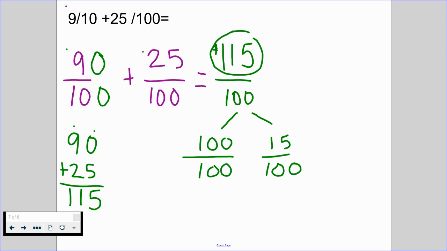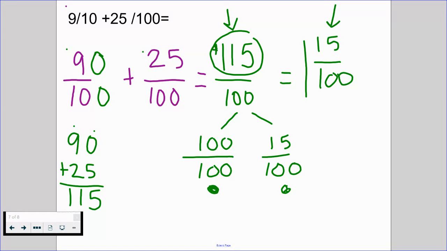From here, we use these decompositions to turn this into a mixed number. So we know 100/100 is the same thing as 1 whole, and we have 15/100 left over. So your answer to the situation is either 115/100 or 1 and 15/100. Let's look at that again.